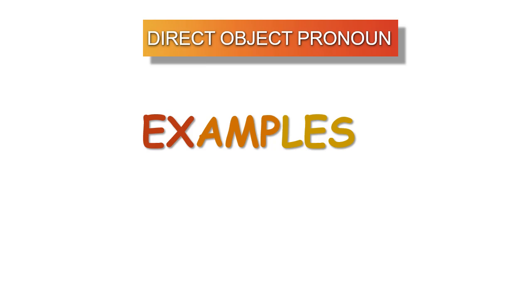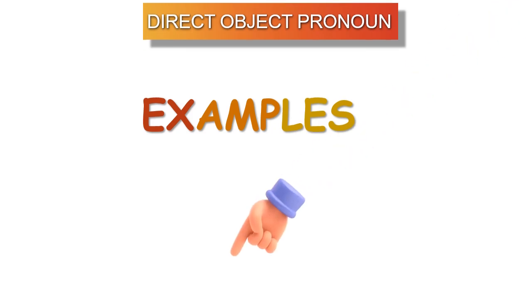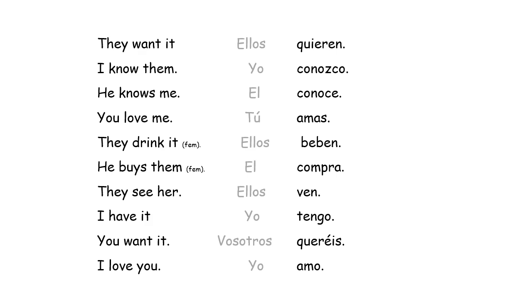So let's see more examples. They want it. Ellos lo quieren as long as this it is masculine. Or I know them. Yo les conozco. Let's say we use the neutral form because we don't know if we are speaking about male or female. You always have that option. Or he knows me. Él me conoce. Or you love me. Tú me amas. They drink it.